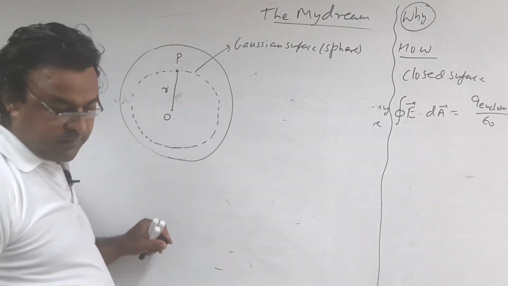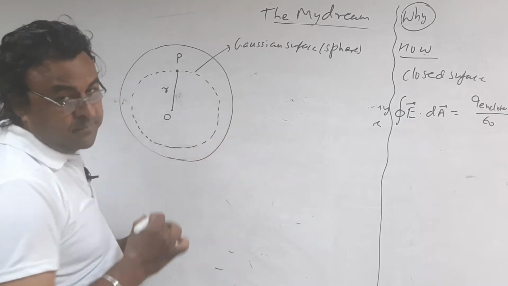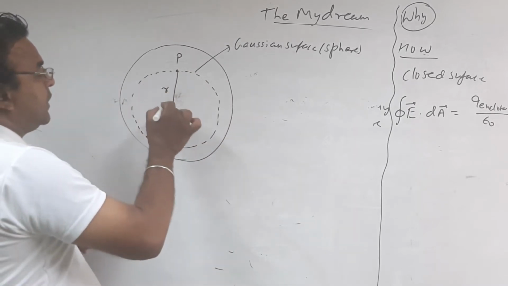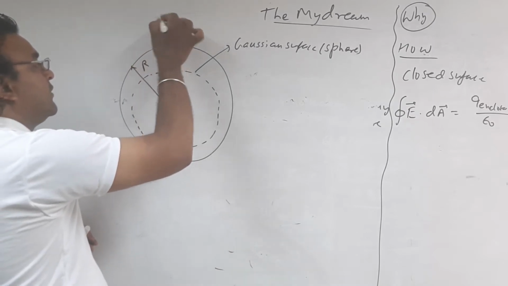Now our motive is to find electric field intensity at this point or any point of the sphere. This complete sphere has radius capital R, charge density rho.